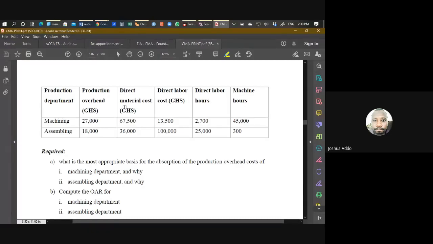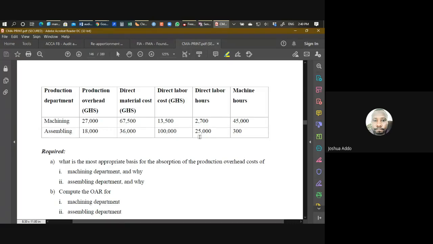This is other information: direct material cost, direct labor cost, direct labor hours. Looking at direct labor, it makes common sense that assembling will have to do with more human activities. It depends anyway. In automobile companies, assembling will still be machine intensive, but let's assume it's not that high-tech.